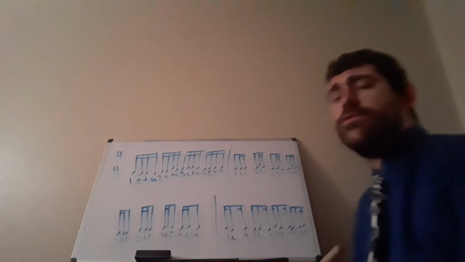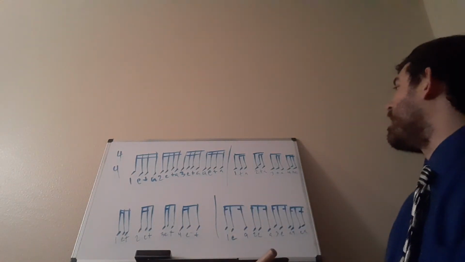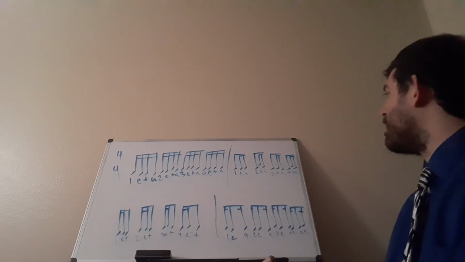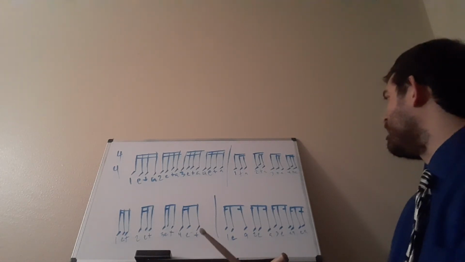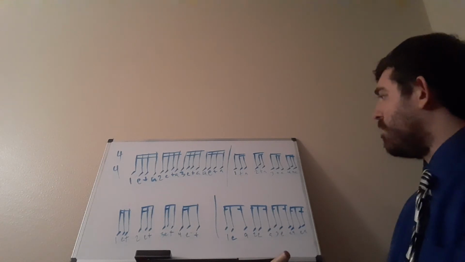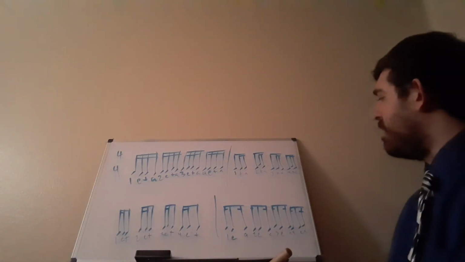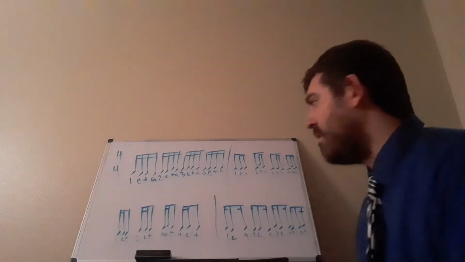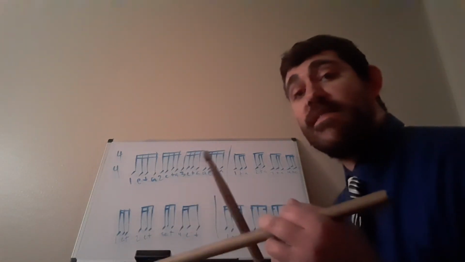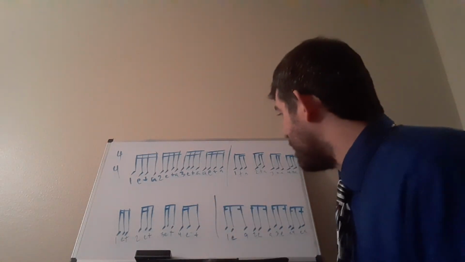Here we are. 2, count with me, go. 1 E and a 2 E and a 3 E and a 4 E and a 1 and a 2 and a 3 and a 4 and a 1 E and 2 E and 3 E and 4 E and 1 E, 2 E, 3 E, 4 E. That's a little tricky there. But as you notice, where I clicked my stick there, that's where that missing pattern was. Okay, or that missing 16th note.